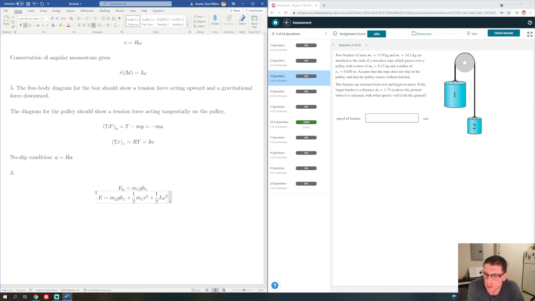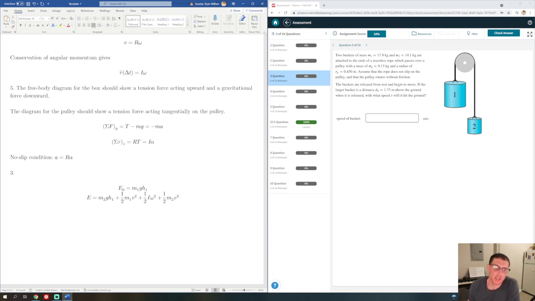So that was a slip on my part, but thankfully a vigilant viewer mentioned it. So what we would have to do is add this 1/2 m2 v squared, right? Yeah, that's great.